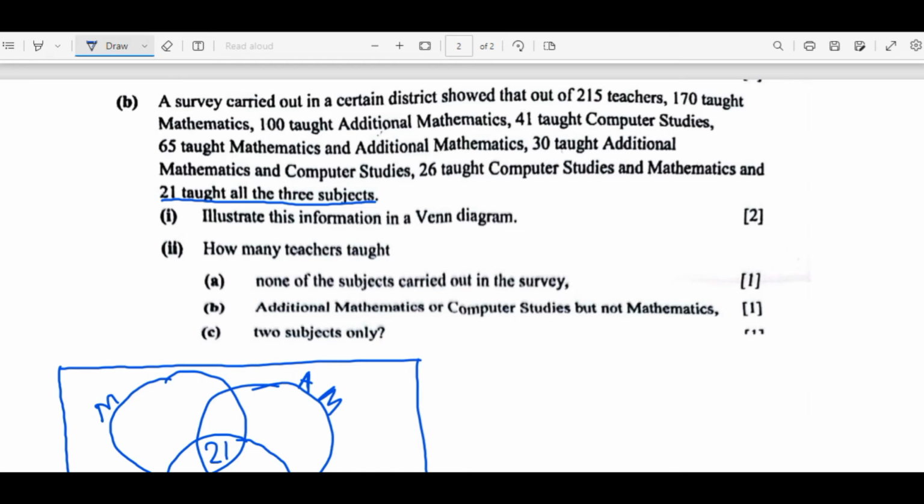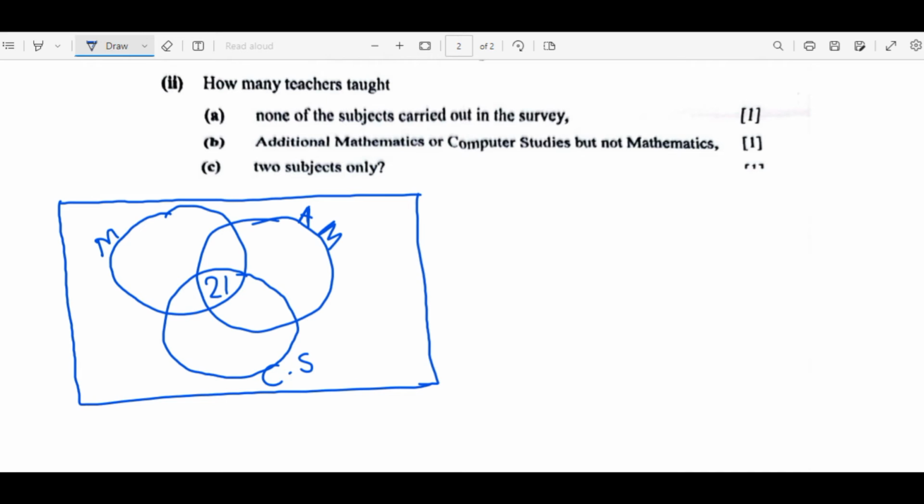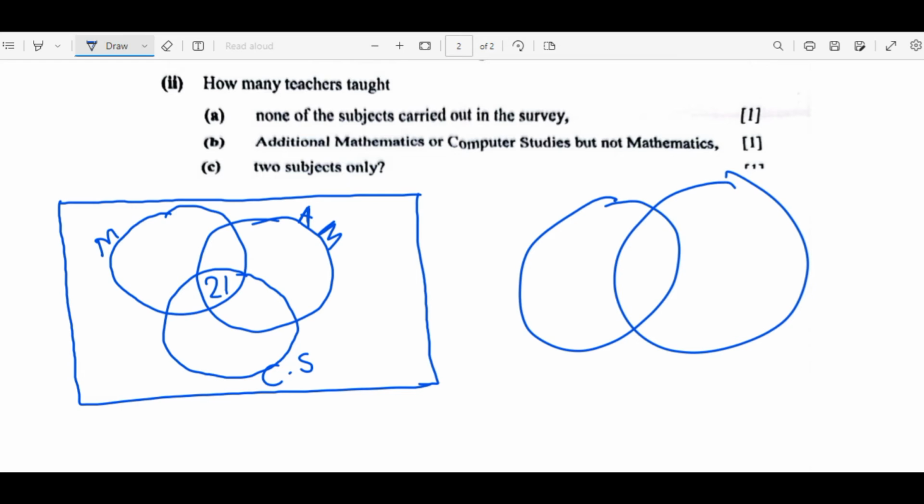So the first one is this number 65, taught mathematics and additional maths. So if I were to draw maths and additional, we can see that we have 21. So 21 is part of the 3, and 21 is also part of the 2.